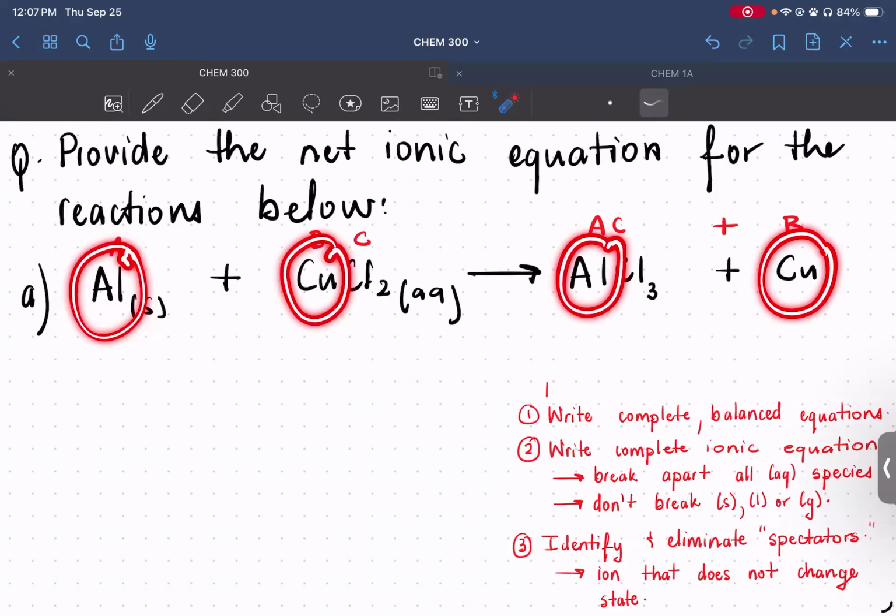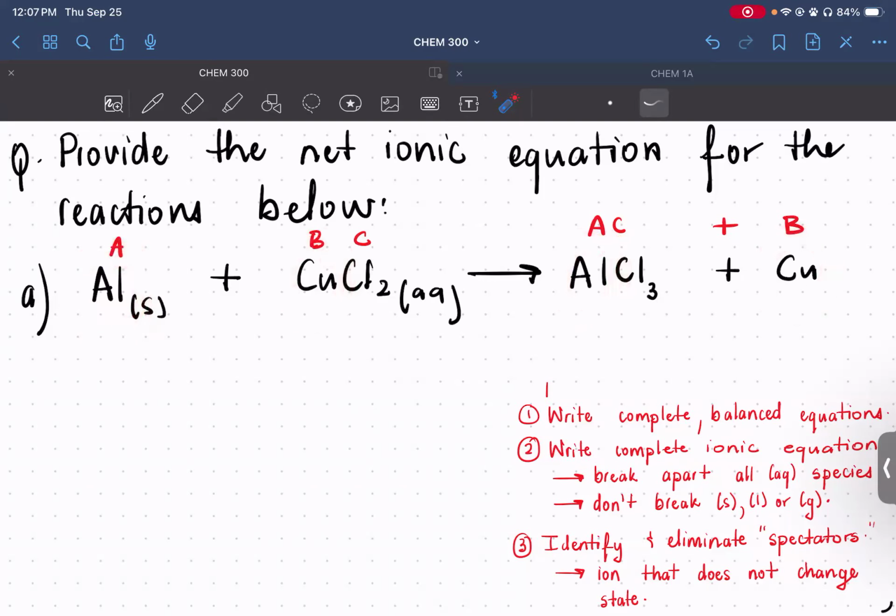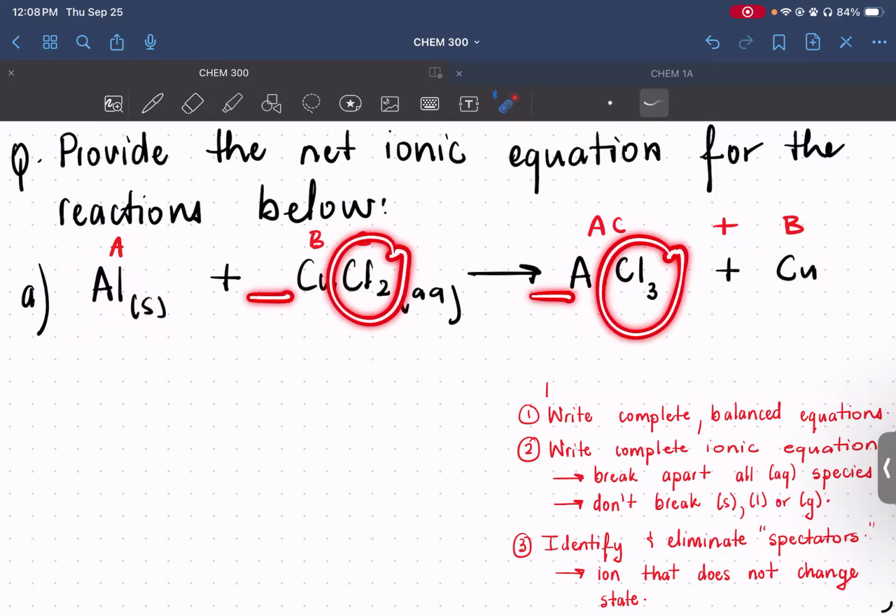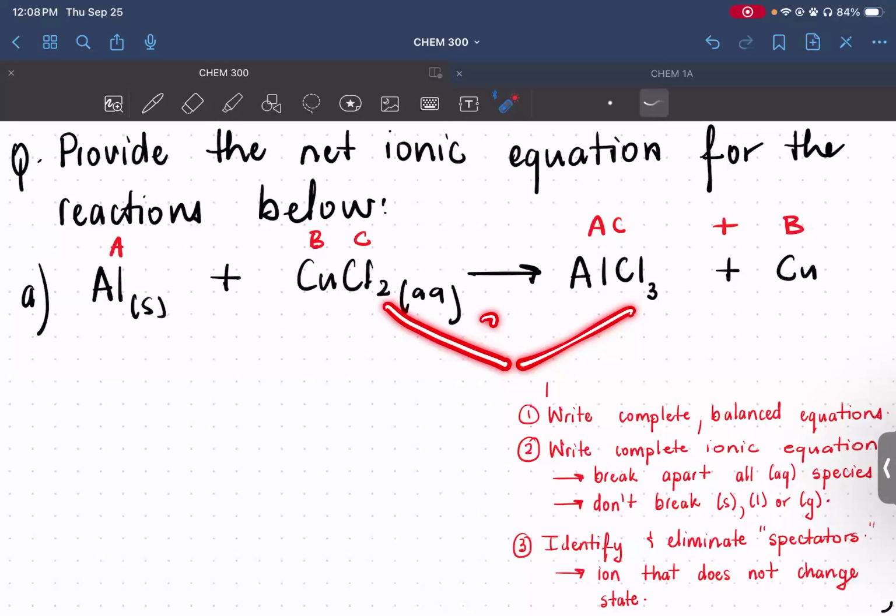So everything so far is balanced. 2 chlorines on the left, 3 chlorines on the right. So chlorine is not balanced. So we need to put some number in front of these to make them equal. We're going to say 2 times 3 is equal to 6. We're going to aim for 6 chlorines total. What number do I need to put in front of the copper chloride to get 6 chlorines?